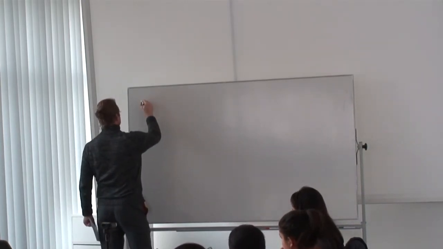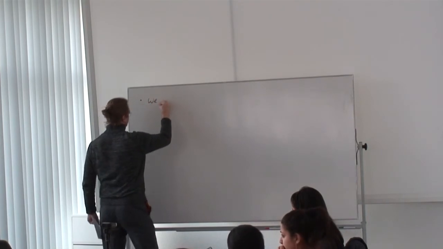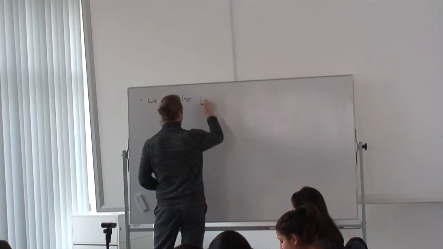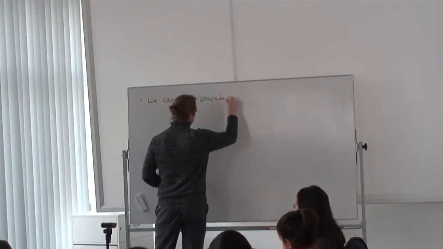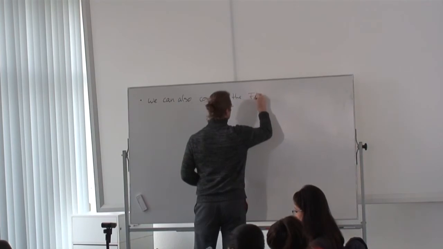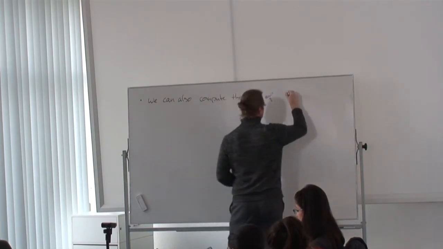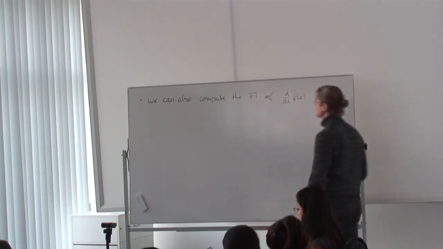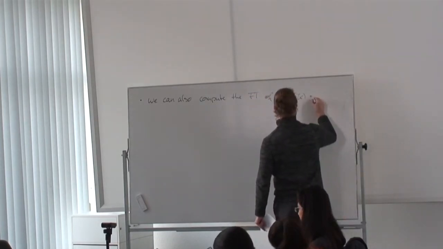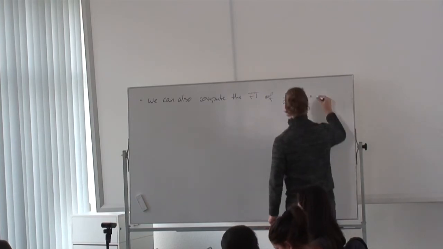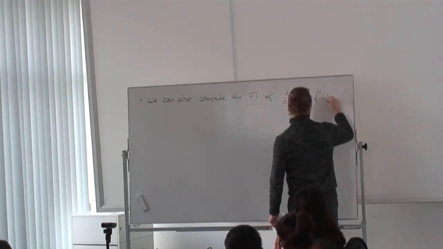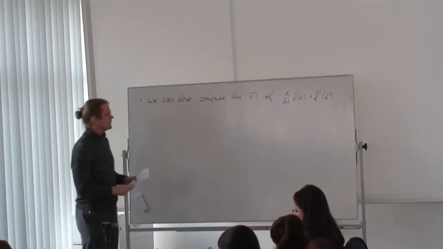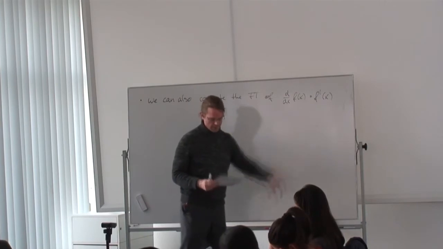So we can also, if this is fairly straightforward, we can also compute the Fourier transform of the derivative of f of x. And just to simplify notation or reduce clutter, I will use f prime of x to indicate the first derivative of f of x.